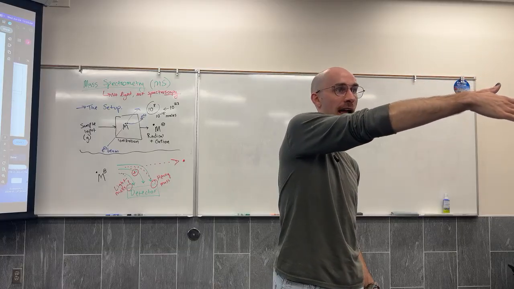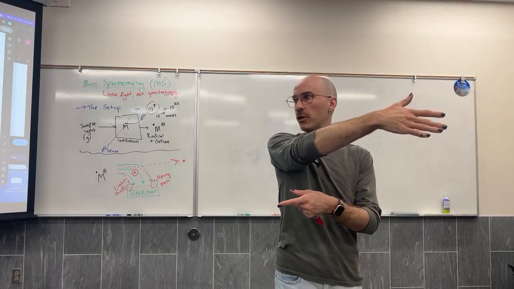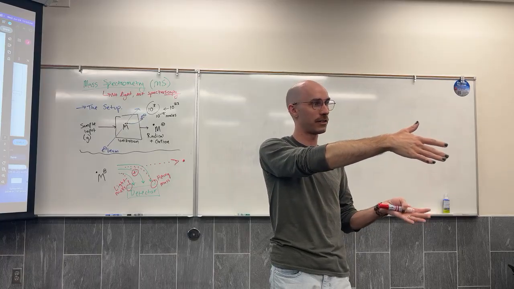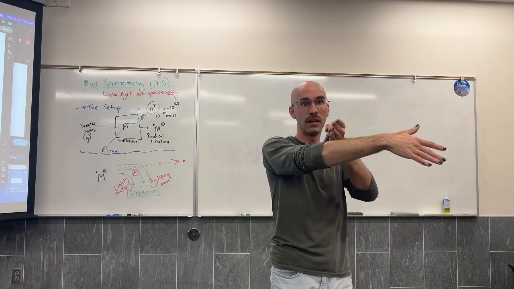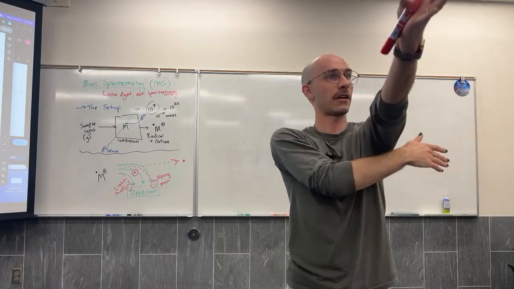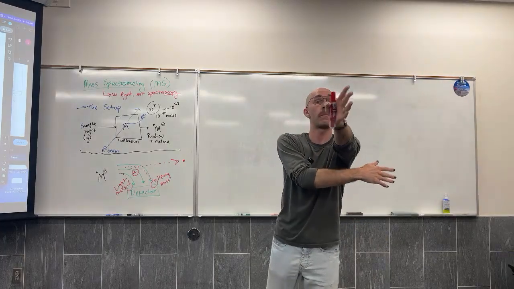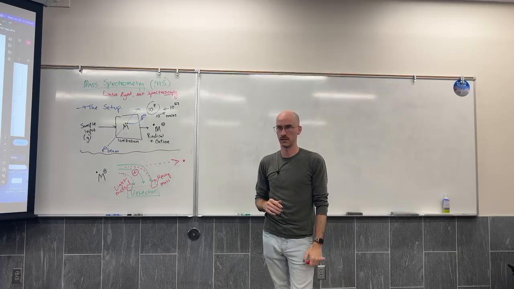But what happens if they don't lose an electron? They don't get a charge. What if they're just a radical? They don't get affected by that magnetic field, and they just fly straight through past the detector.